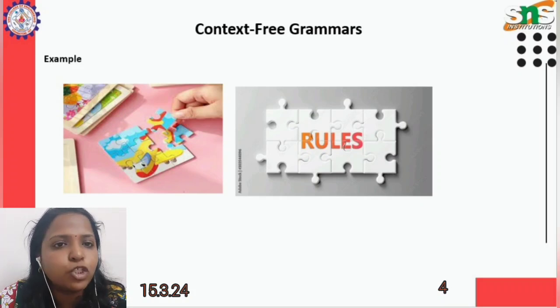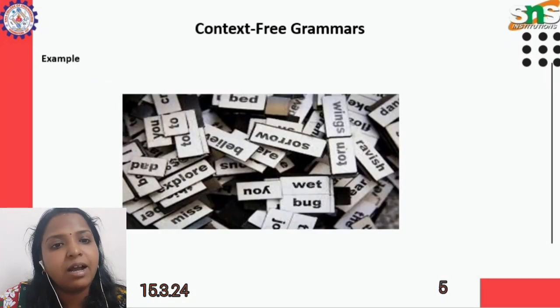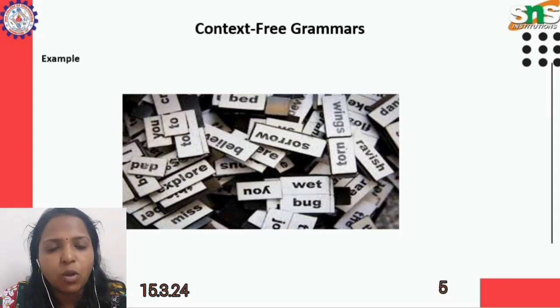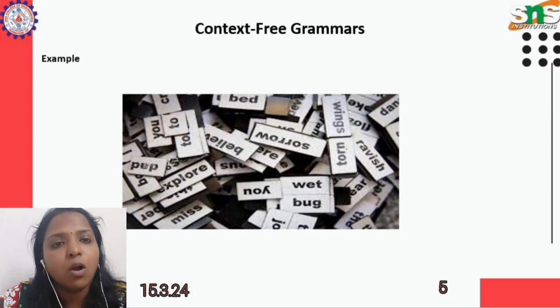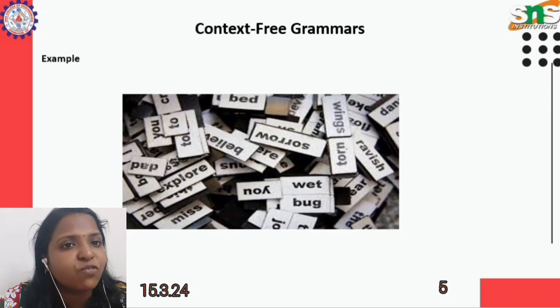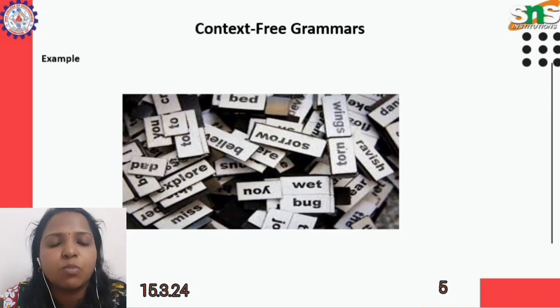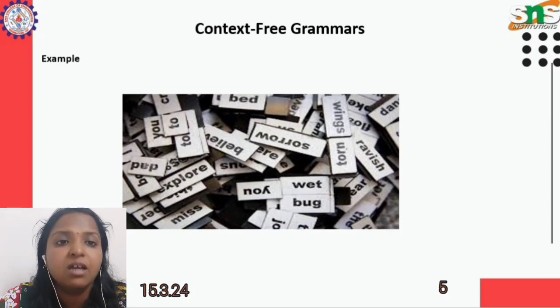Similarly, we have a bunch of words. We have to put these words in the correct order or in a correct way. Only then will we generate a meaningful sentence. Think that you have these pieces of puzzles, like words, and you need a set of rules to put these puzzles together to generate a valid picture, to resolve the puzzle.